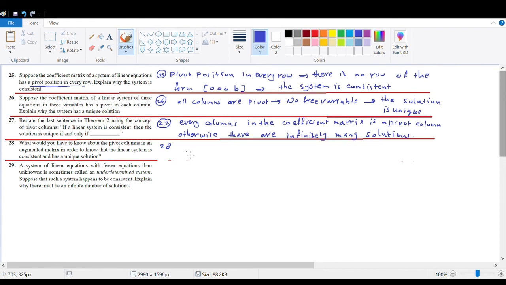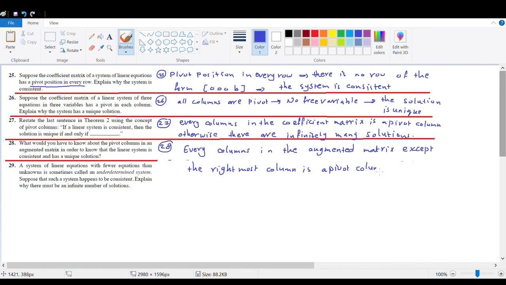So for this one, every column in the augmented matrix except the rightmost column is a pivot column, and the rightmost column is not a pivot column.